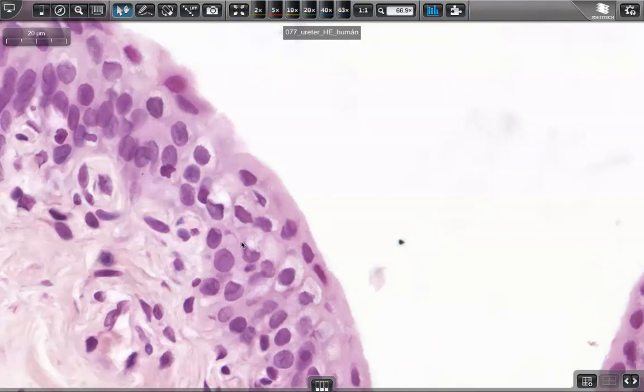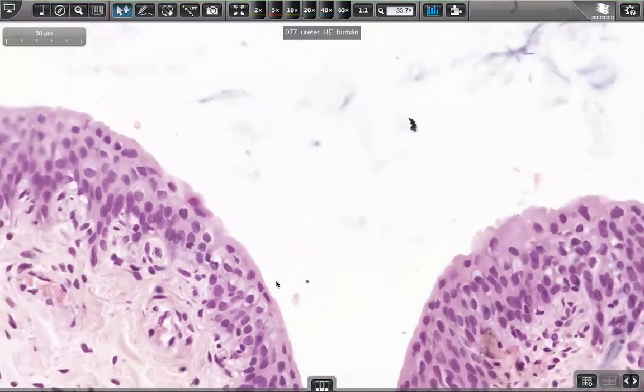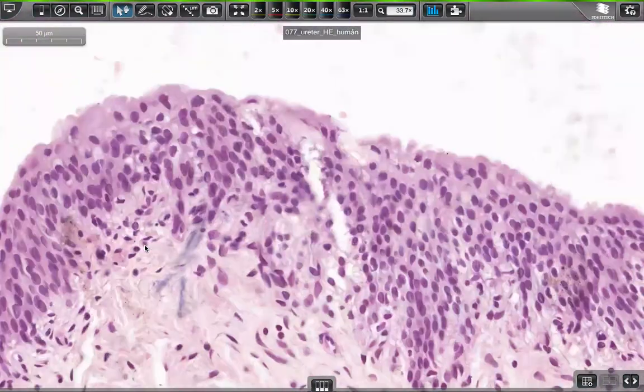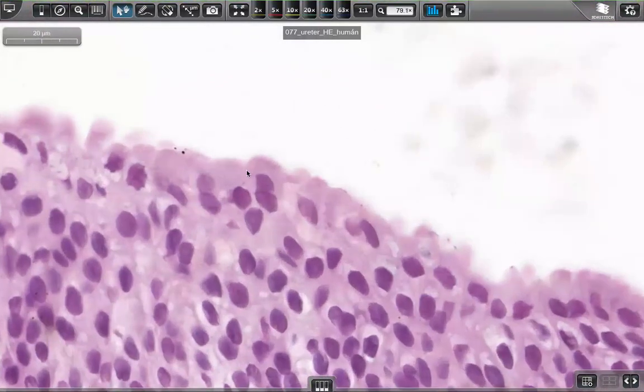You remember the huge cells having big cytoplasm. These are the pear-shaped cells. And at the bottom, we can find some small nuclei. These are belonging to the basal cells. Look at that, it's really nice. So here we have the typical domes of the umbrella cells.